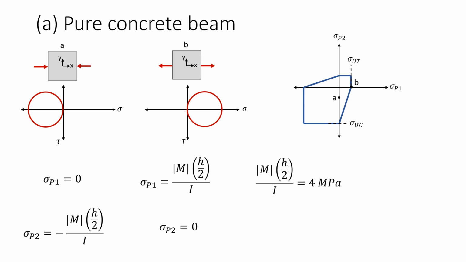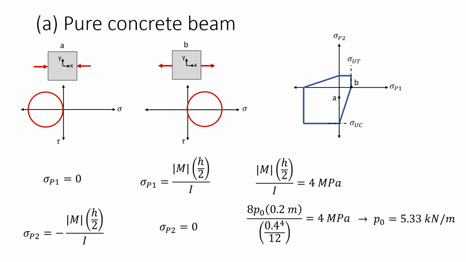So our failure will occur when the magnitude of flexural stress is equal to 4 megapascals. We can sub in the numbers to find out that our distributed load is then 5.33 kilonewtons per meter. And this is the distributed load that will cause failure in our pure concrete beam.